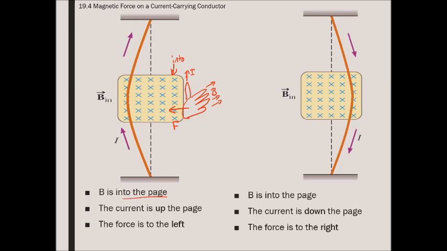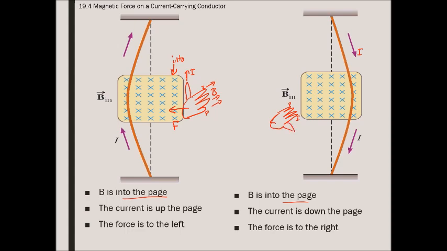However, if the magnetic field is still into the page and we've switched the direction of our current, we again want to put our hand with our fingers facing in, but we want to flip it over. So this is my index finger and this is my pinky. Not the best hand, but now we want our thumb to point down.